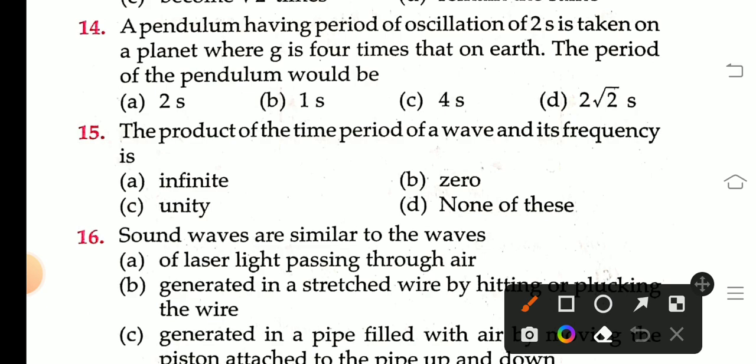Right answer will be option B. 1 second. Next, the product of the time period of a wave and its frequency is. Right answer option C. Unity.